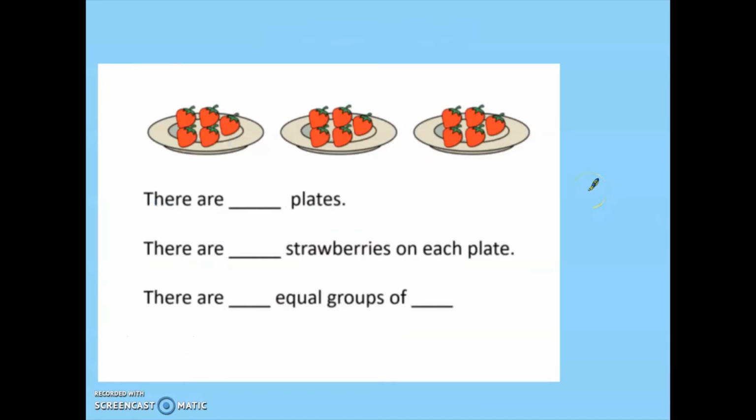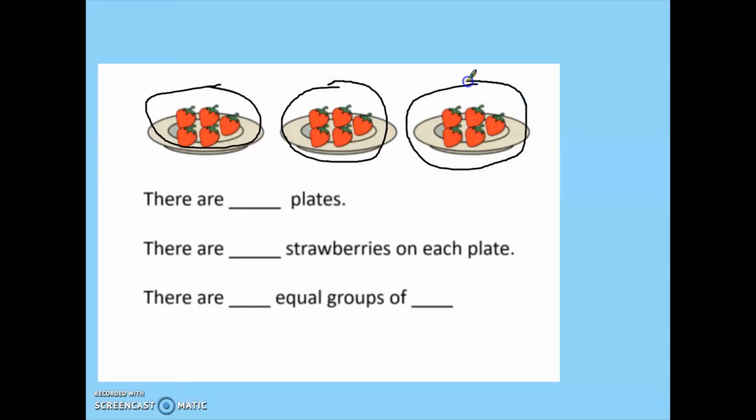Now let's have a look at the plates of strawberries. How many plates are there? Let's count together. We've got 1, 2, and 3. So there are 3 plates. How many strawberries are there on each plate?